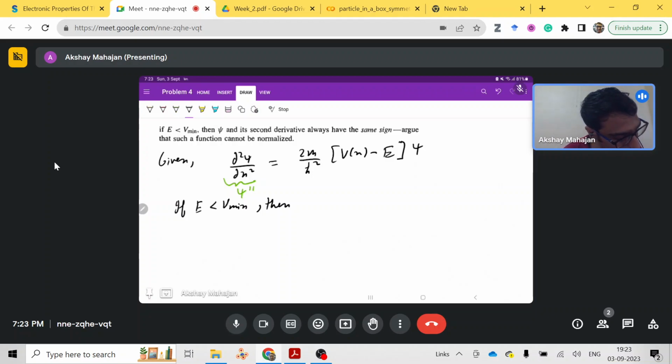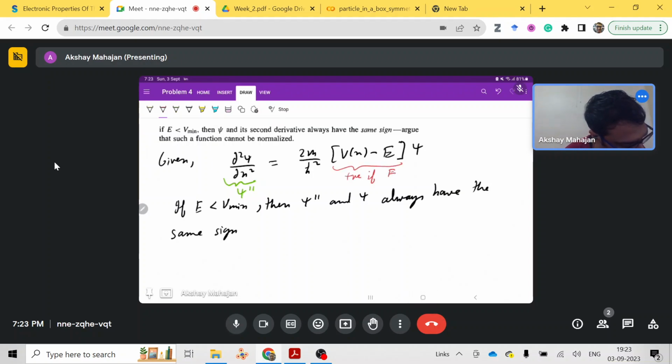Then psi double prime and psi always have the same sign, because this term will be positive if E is less than V min. So if E is less than V min, this term is always going to be positive, and both psi double prime and psi are going to have the same sign.